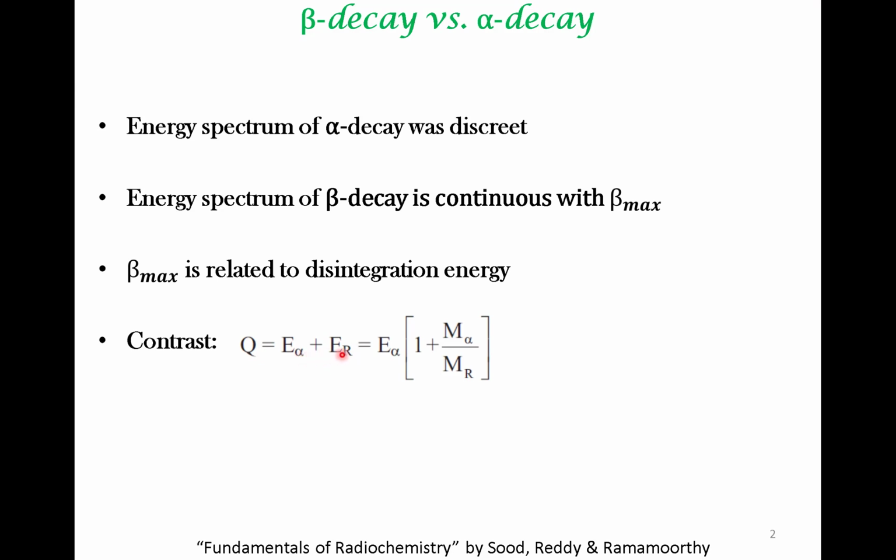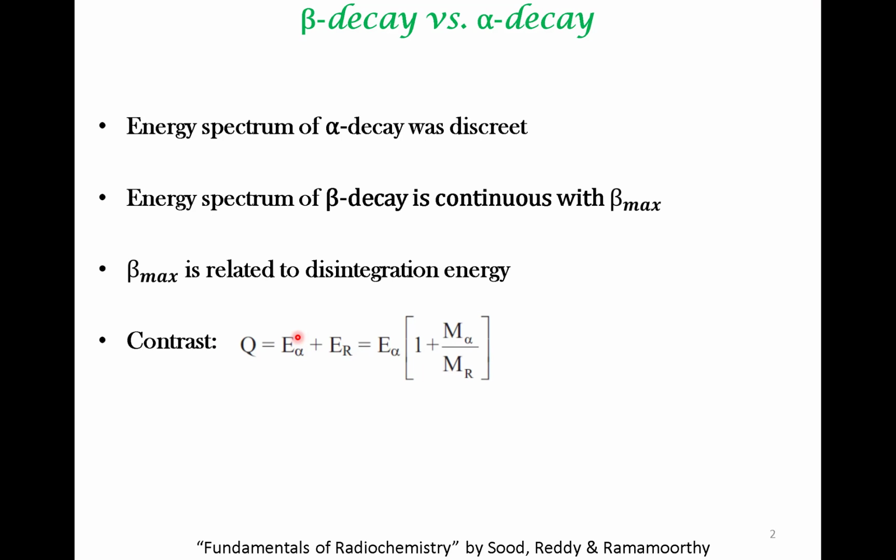It moves in the direction opposite to the alpha particle. So there is a finite recoil energy, and this simplification can be made. We saw this in an earlier lecture on alpha decay.